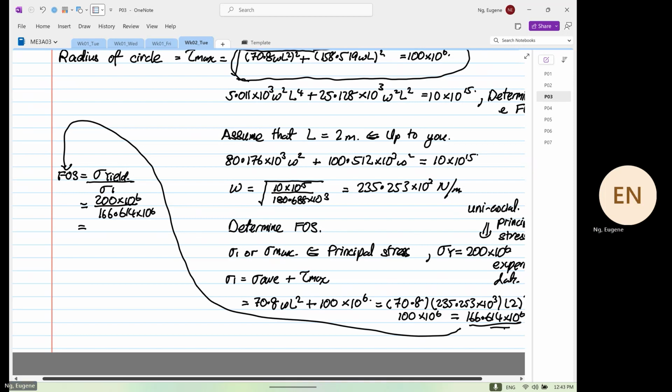So 200 divided by 166.614 is equal to 1.2.